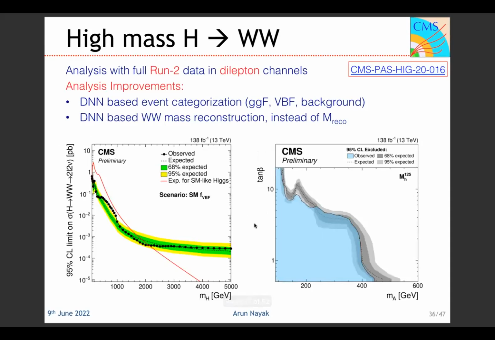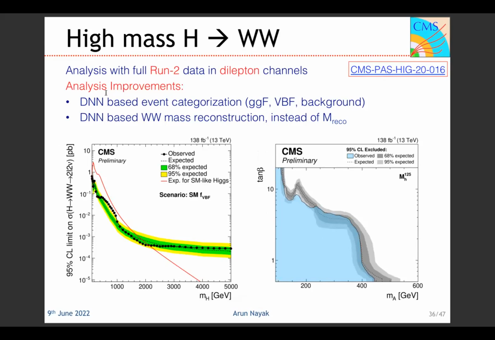Okay. So there is an update on this analysis with full Run 2 data in dilepton channels. In that case, they have improved the analysis by using deep neural network based event categorization. The deep neural network is used to categorize events into gluon-gluon fusion or VBF or background.